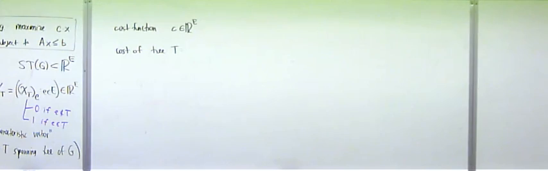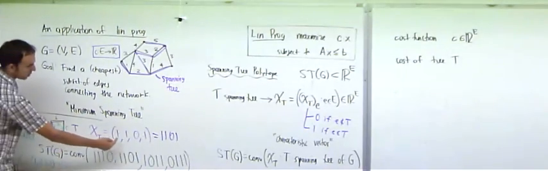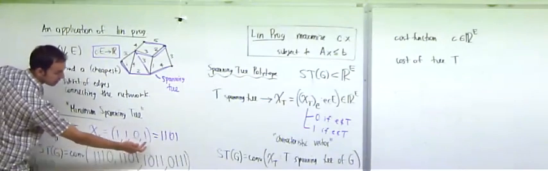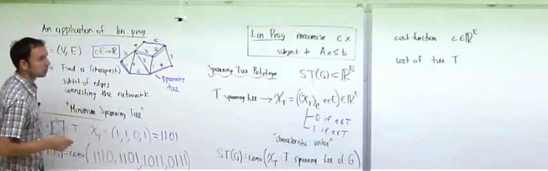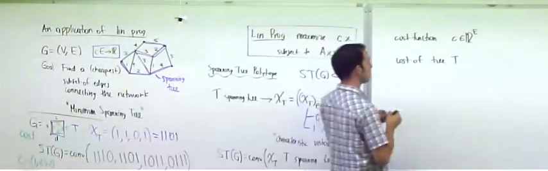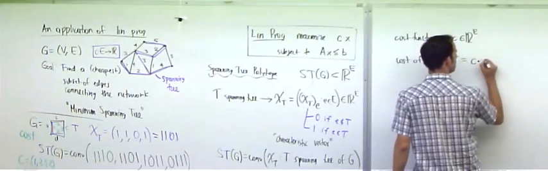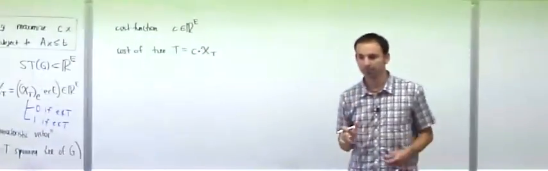It's exactly the dot product of the vector 1, 2, 3, 2 with the vector 1, 1, 0, 1. Because it says take the cost of the edges which are in T and don't take the cost of the edges that are not in T. So the cost of the tree T is exactly the dot product of C with the characteristic vector of T.